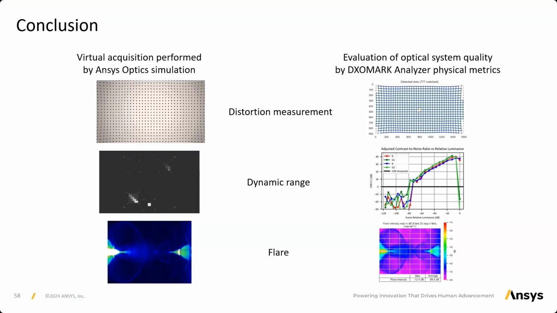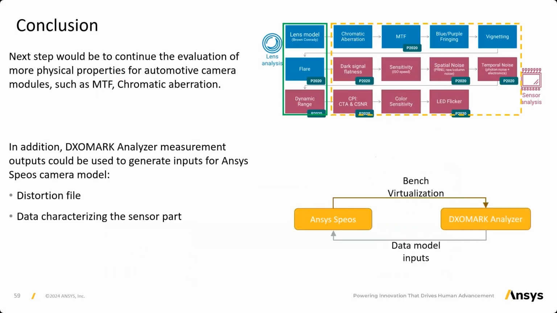So you may ask, okay, but what's going to be next in terms of your relationship? What do you want to show us? Basically, this is not the end of the story. This is just the beginning, and what we have seen today is only 3 benches that can be assessed by the DXOMARK analyzer.